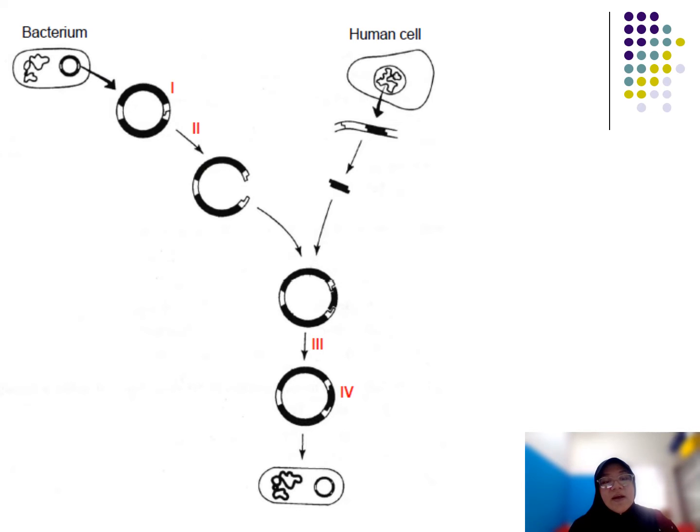Then both DNA will be combined, and the DNA ligase is number 3, to seal the combination of DNA molecules from both species. Number 4 is the recombinant DNA. Then the recombinant DNA will be inserted back into the bacteria, which we call the host cell.